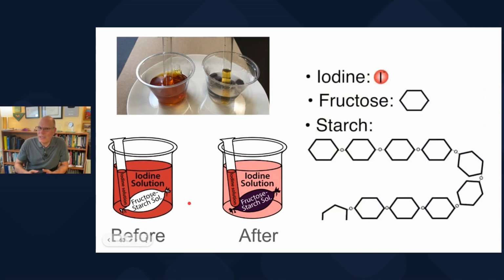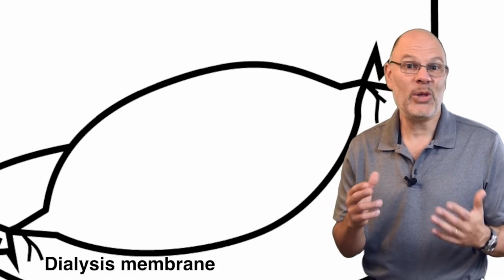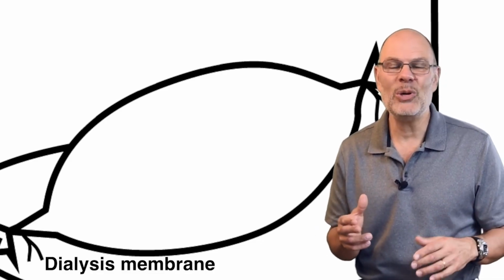How do we explain this? What I want you to keep in mind is that there are three substances. There are iodine ions, there's fructose, which is a monosaccharide, and then there's starch. Here's before, here's after. Thinking biologically means thinking on a molecular level. So let's do that.